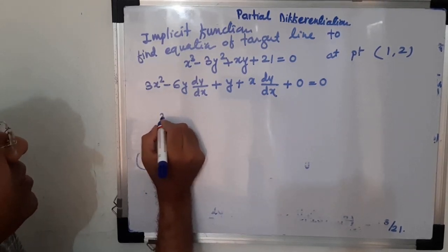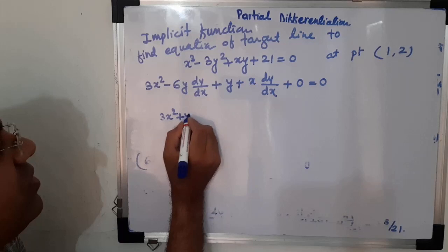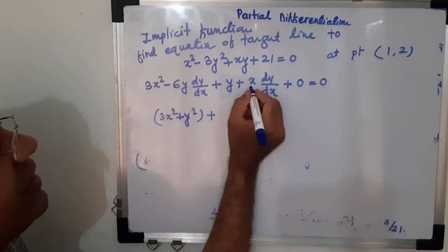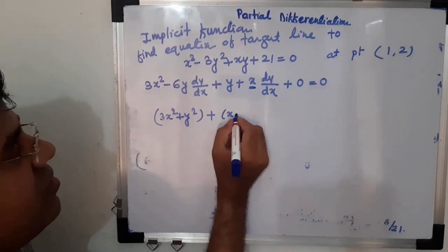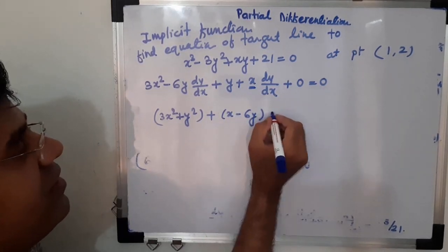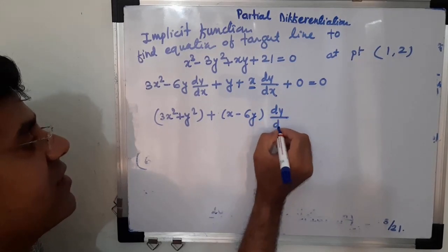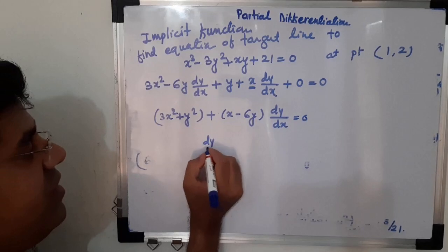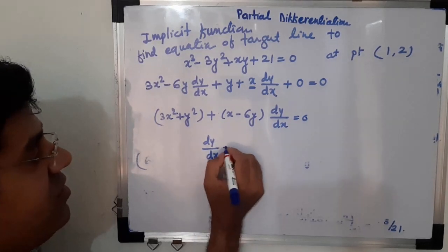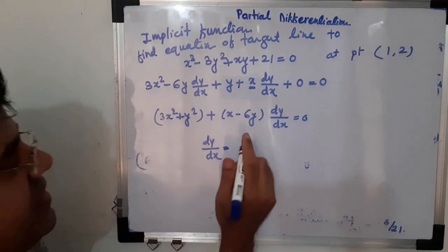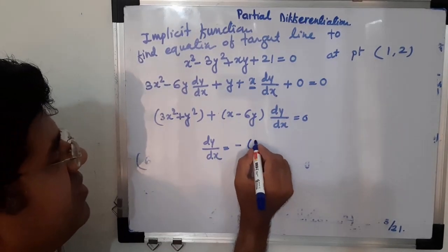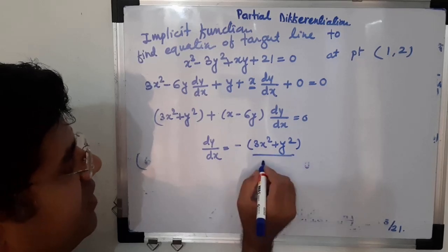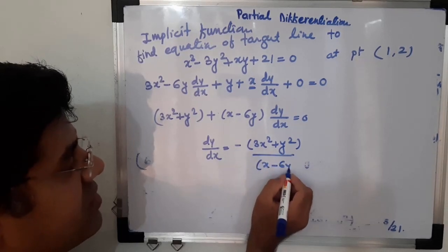So this is 3x square plus y square plus x minus 6y dy by dx equal to 0. So from this dy by dx is equal to, I will send this term over here, minus 3x square plus y square divided by x minus 6y.